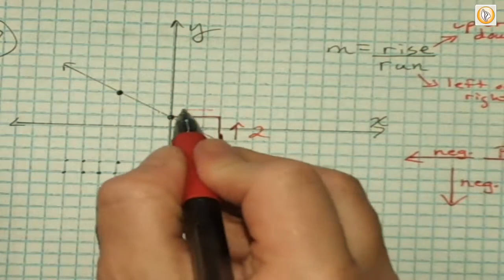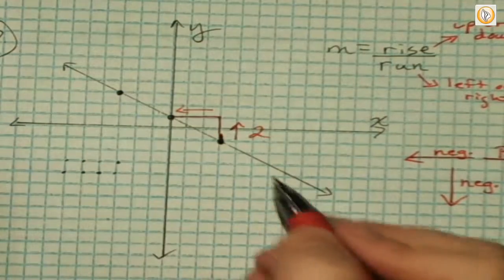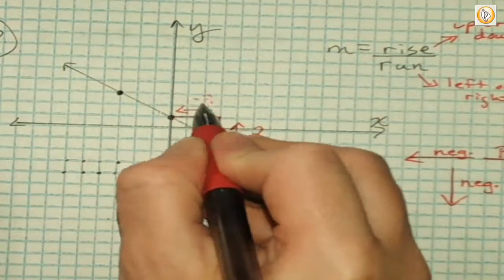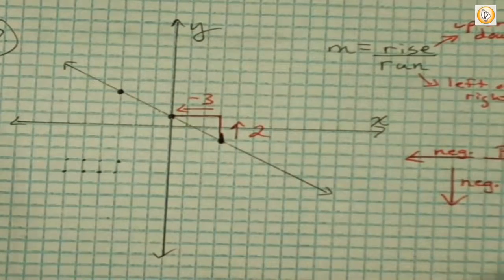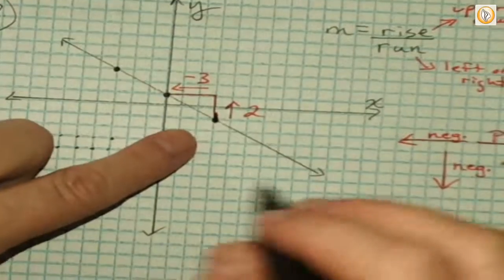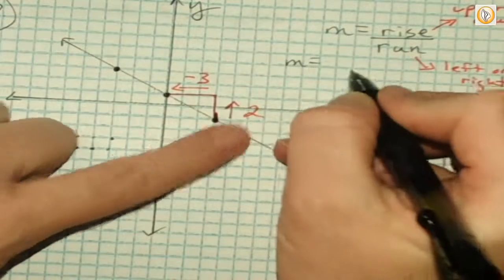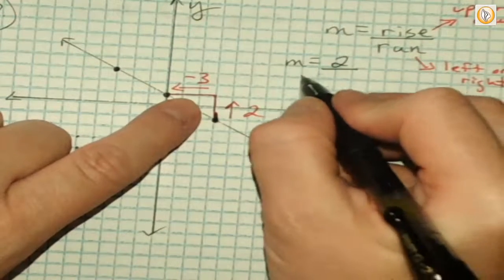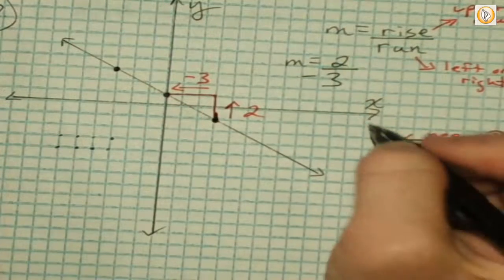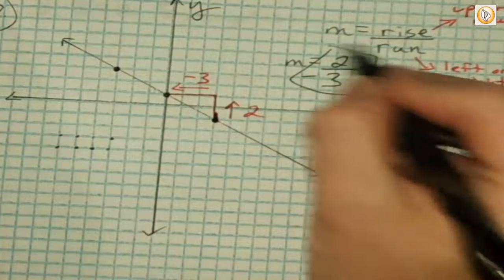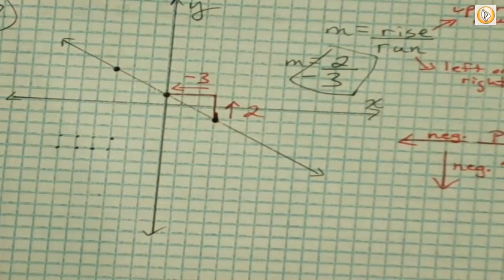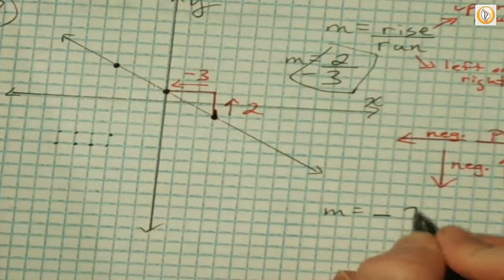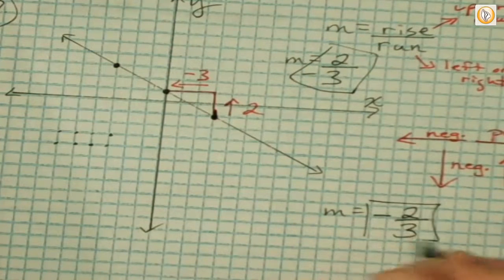And I go left how many places? Negative or positive? Negative. So then my rise, I'll just write it here, is 2. And my run is -3. And there's my answer. And of course, it could be written the same way, 2/3, just like that.